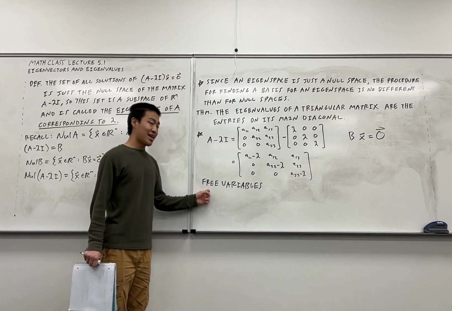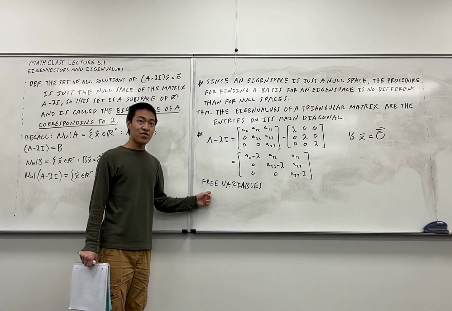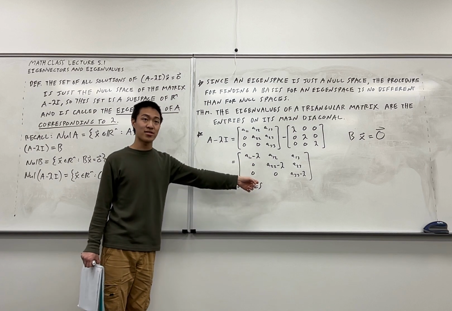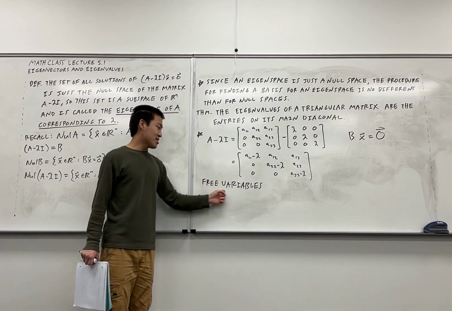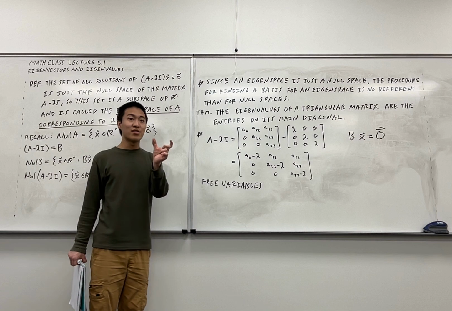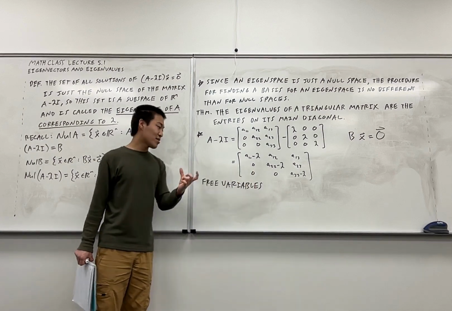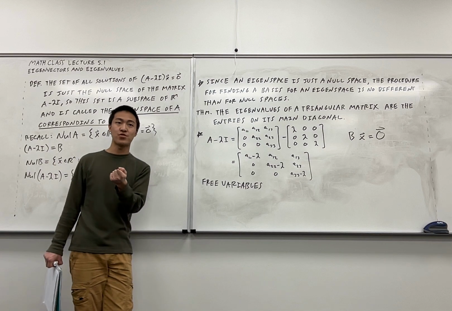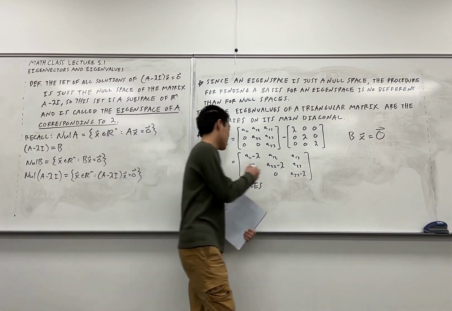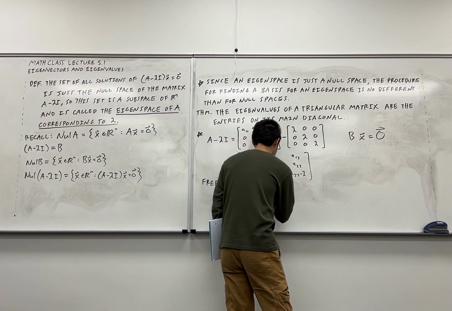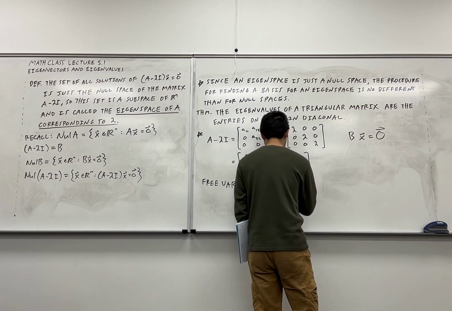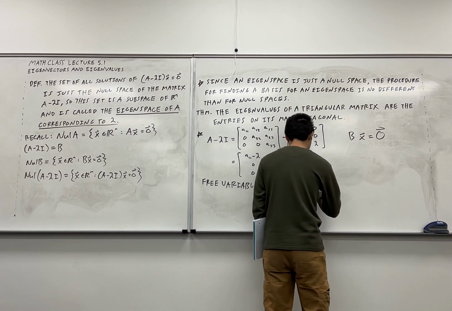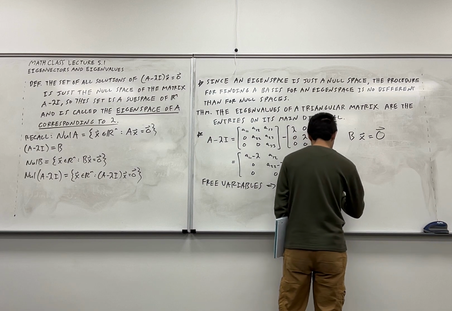So by forcing the existence of free variables, which is effectively what an eigenvalue does to my matrix, I have forced the existence of stuff that can be spanned to make a null space. In other words, I'm guaranteeing that there will be things in my null space beyond just the trivial solution. So the existence of free variables means that we're going to have non-trivial solutions.